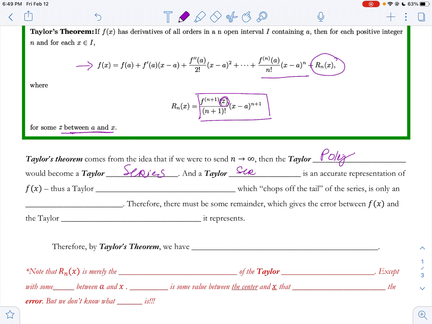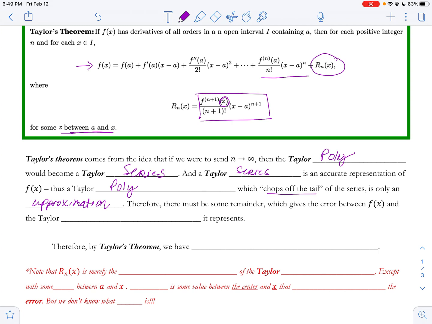So this is also a series, at least according to what we learned when we were talking about power series and how they relate to the Taylor series. So thus, the Taylor polynomial, or poly for short, which chops off the tail of the series, is an approximation. So it's not exact.